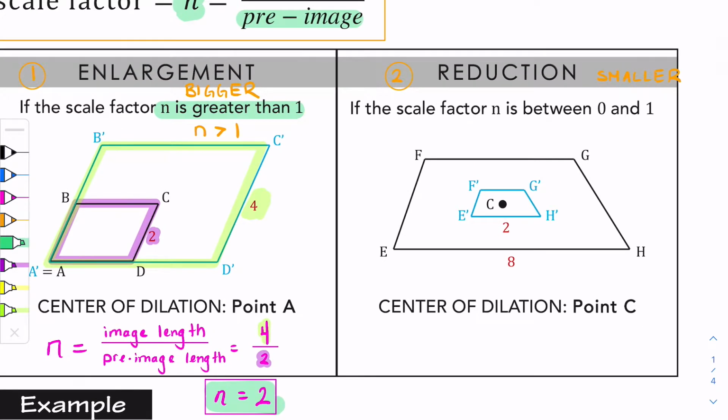Now a reduction is telling you that the scale factor is between 0 and 1. Our pre-image, or the original image, is this larger figure. The image after the dilation is the smaller figure.